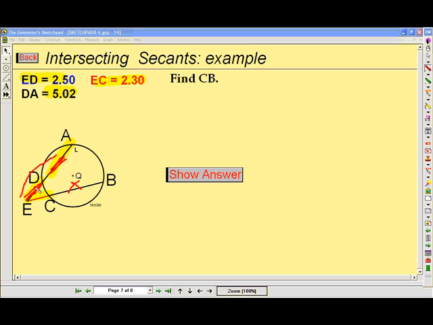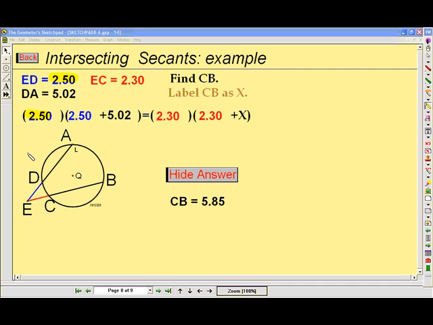So we're going to have to add these two together to create the whole segment EA. So the outside portion, 2.5, times the whole thing, added together to get the entire segment, would equal the outside portion, 2.3, times the whole thing, 2.3 plus the inside, like this.